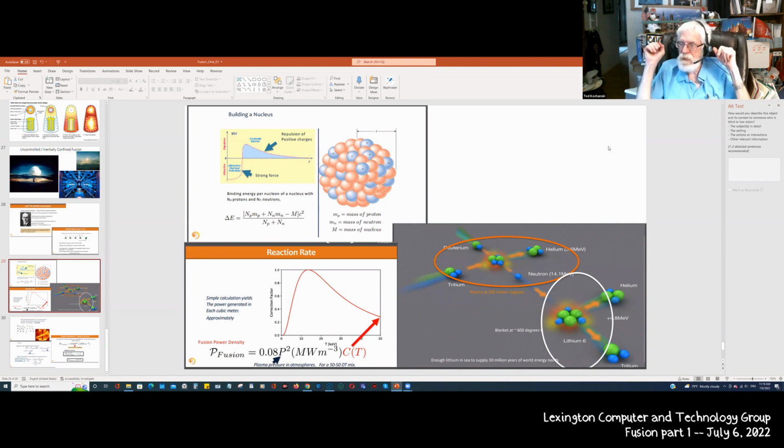They put tritium into the thing. Their machine, though, used a copper magnet, so obviously the time that you could keep it running was very limited. But it was pumping out quite a bit of power, not enough to compensate for the power it took to put the plasma together. But that's where things sort of sat.